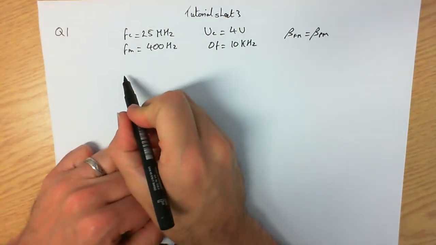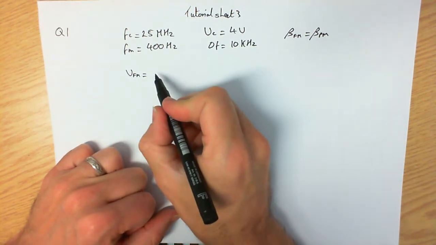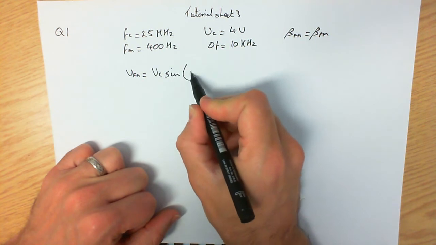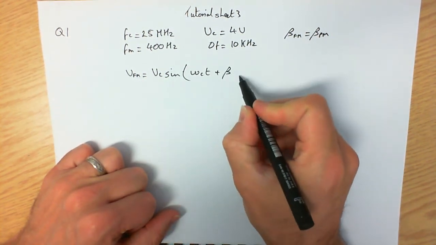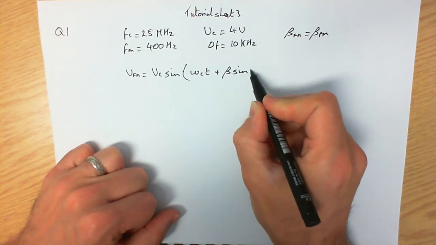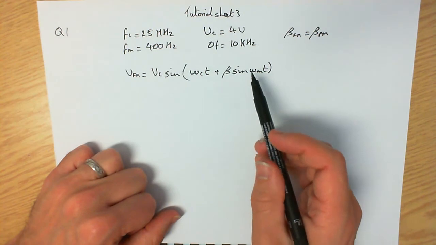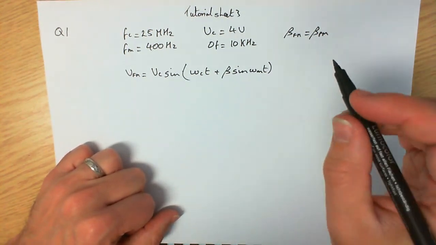So if we write down the standard form for FM, what we get is a carrier voltage VC sine of omega c t plus beta sine omega m t. And sine, it could be cosine, it doesn't really matter.